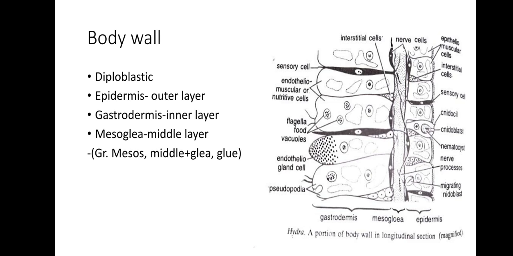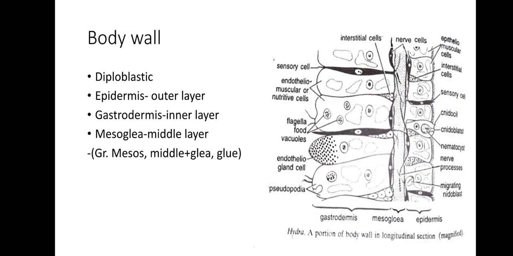In higher groups of animals, it is triploblastic. Tri means three, and blast refers to germ. If the whole body is derived from three germ layers like ectoderm, endoderm and mesoderm, you call it triploblastic. For example, we humans are triploblastic individuals. Platyhelminthes, Aschelminthes, all are triploblastic individuals.